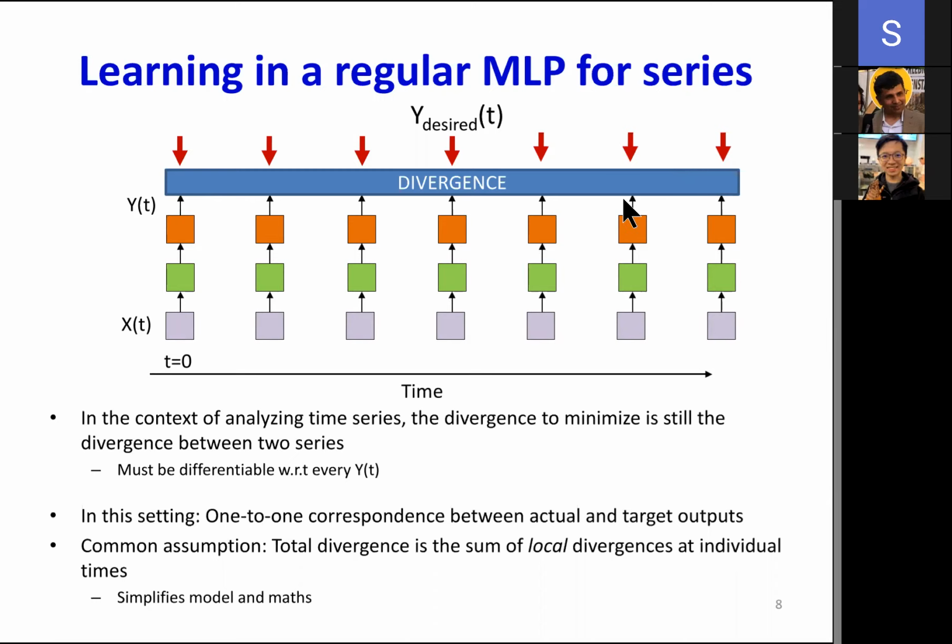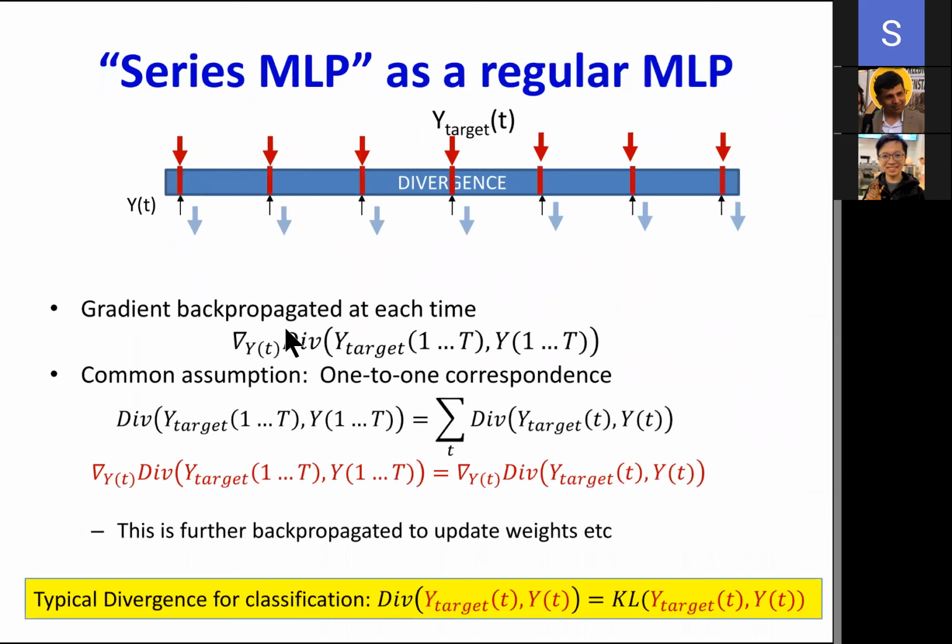Now, you can try to simplify this by saying that this divergence between two sequences is further simplified as the sum of the local divergences at each point, in which case the sequence dependence sort of breaks down. Nonetheless, the fact that you're considering the divergence between two sequences will influence how the model gets learned.